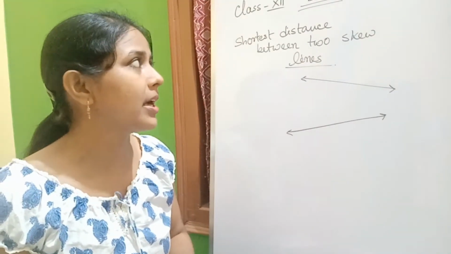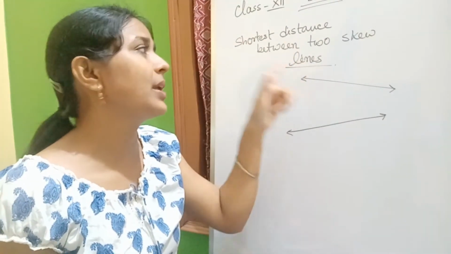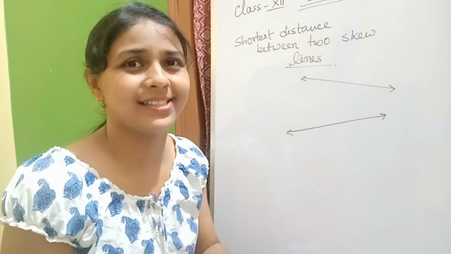So we need to find the shortest distance between these two skew lines.